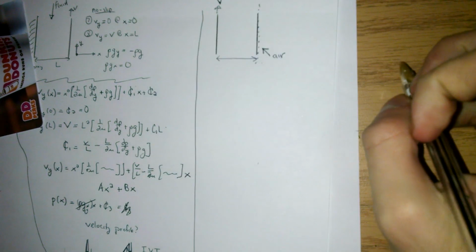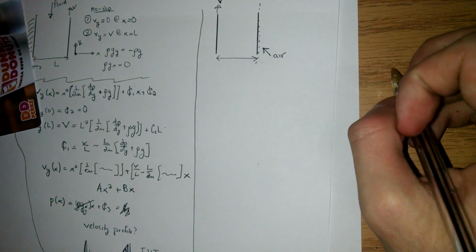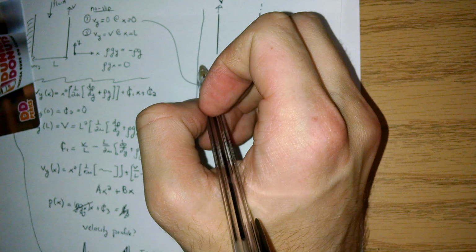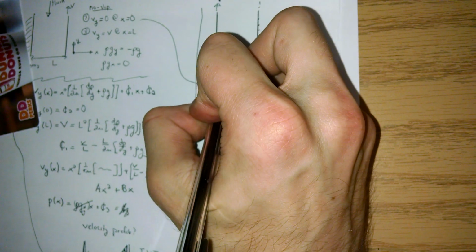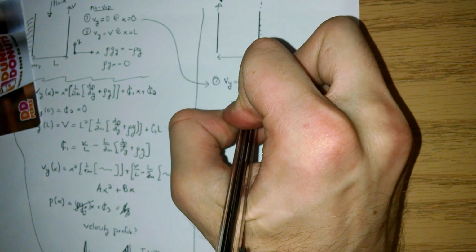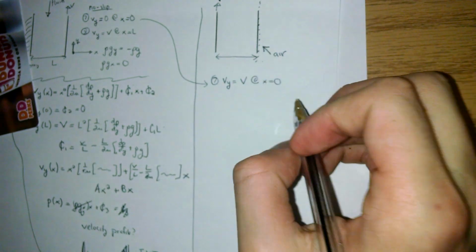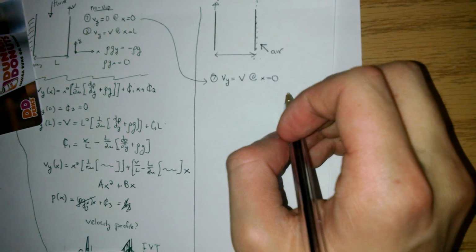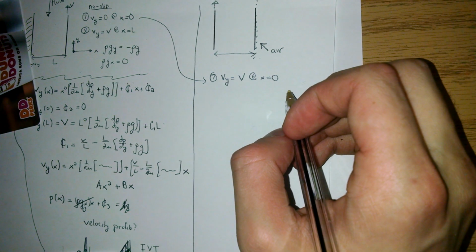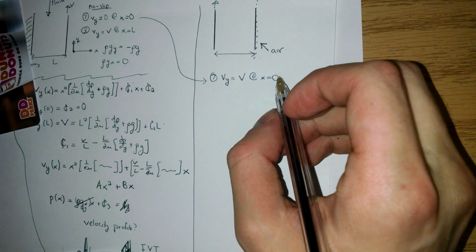So how does this change our initial conditions and our boundary conditions? Well, this one's probably still close to okay. We know that Vy is going to be V when x is 0. We also know, well, that's pretty much all we can tell about the velocity.